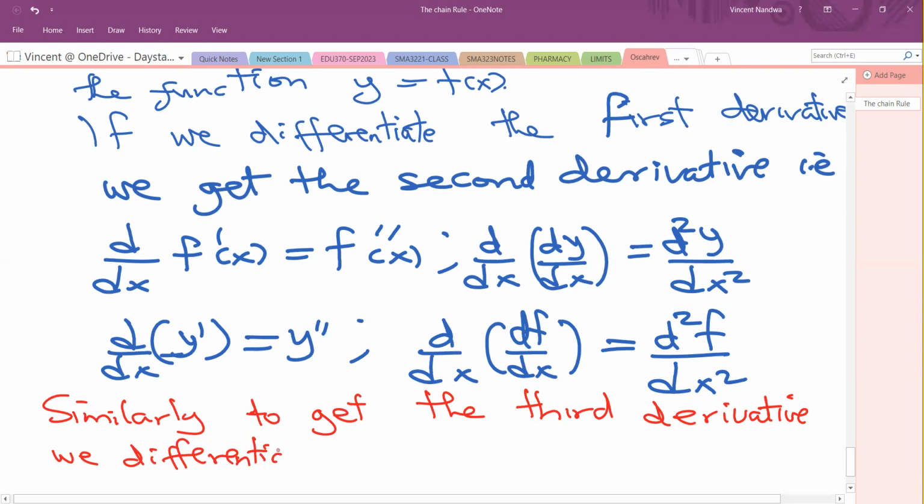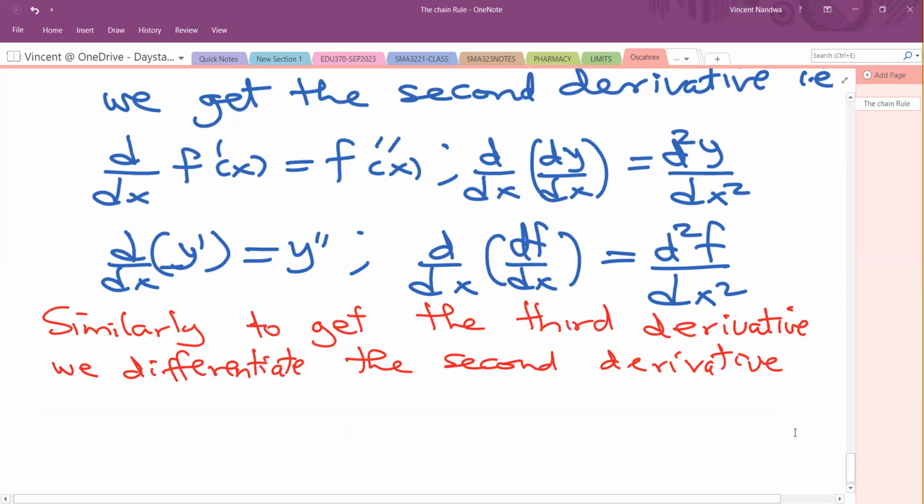We differentiate the second derivative. So if I find d dx of f double prime of x, we get f triple prime of x.